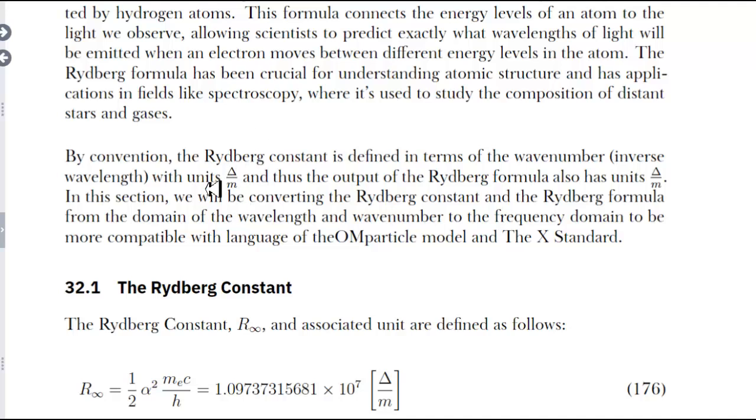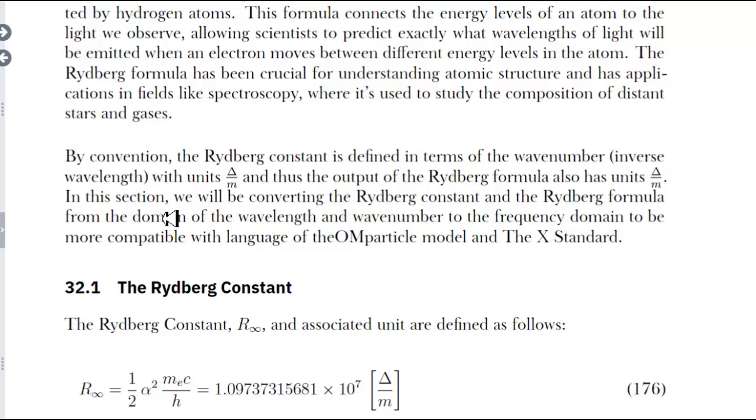So this is calibrated to the meter. And thus the output of the Rydberg formula also has units of cycles per meter. This is referred to as the wave number. The inverse of the wave number is meters per cycle, and this would be wavelength.